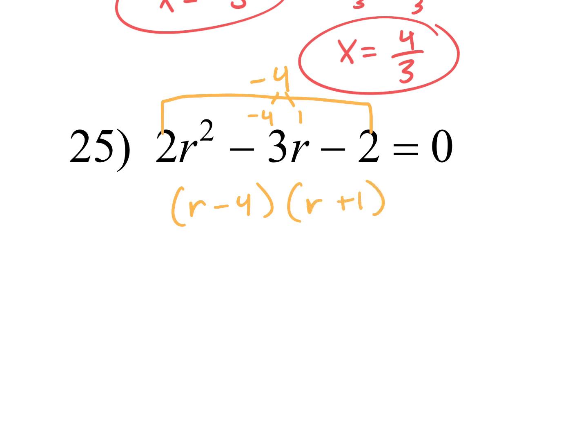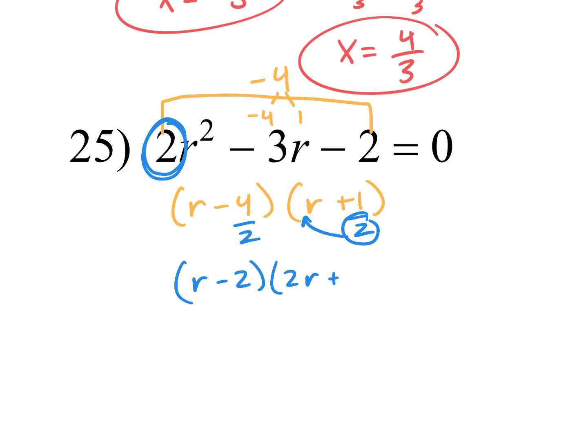Damien, what do I do next? If I started by multiplying, what do I have to go back in and do? Divide. So I divide both of these by 2. What's 4 divided by 2? 2. And then if I can't divide it, I move it in the front. So this would be 2r plus 1. Set them both equal to 0.